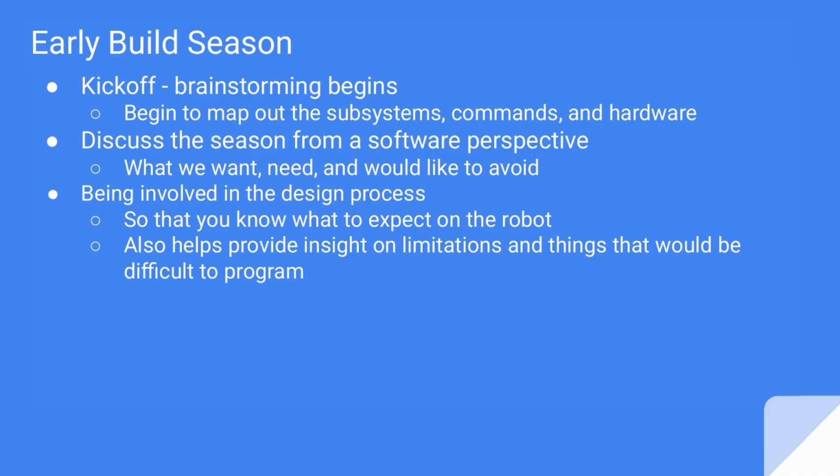That's also partially why we kind of failed in 2024: software wasn't able to communicate their needs to the design team, and we ended up with a pivot subsystem that was uncontrollable from the software side, and we had to end up doing 3 separate PID controllers just for a pivot.